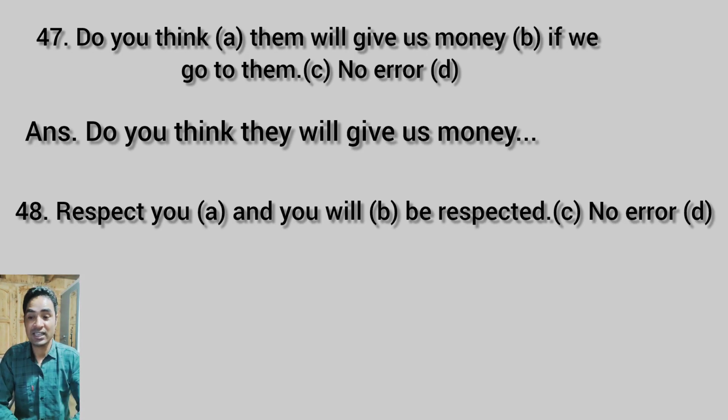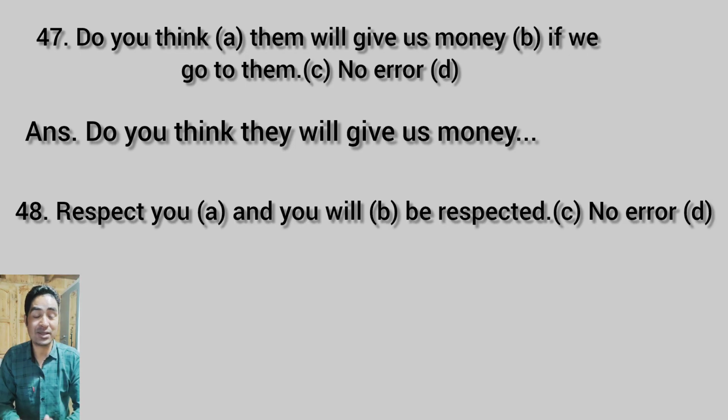Next, 48. "Respect you and you will be respected." This is an imperative sentence. As you know, in an imperative sentence the subject is hidden. So here "you" is hidden. You can understand "you".